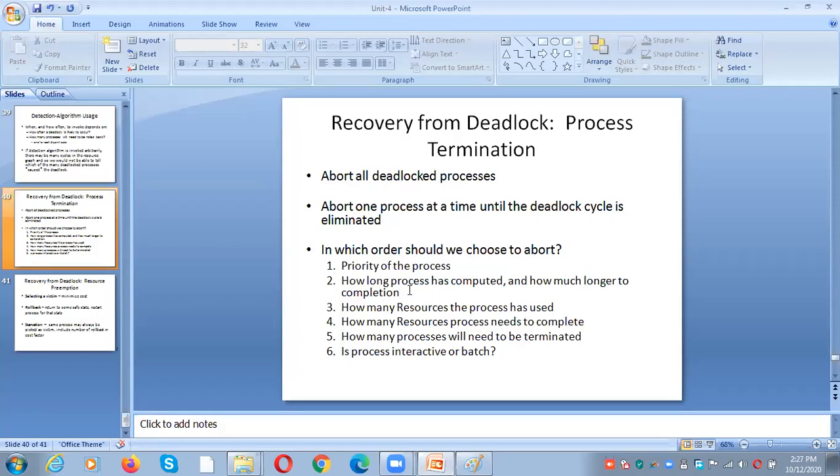You should not choose such a process as a victim. If you choose such a process, what happens? Again, you need to run the process from the starting later. That is the problem. And next, the process requires a total of 5 resources. 4 resources are already utilized by the process. Only one resource is required. If we abort such a process, what happens?